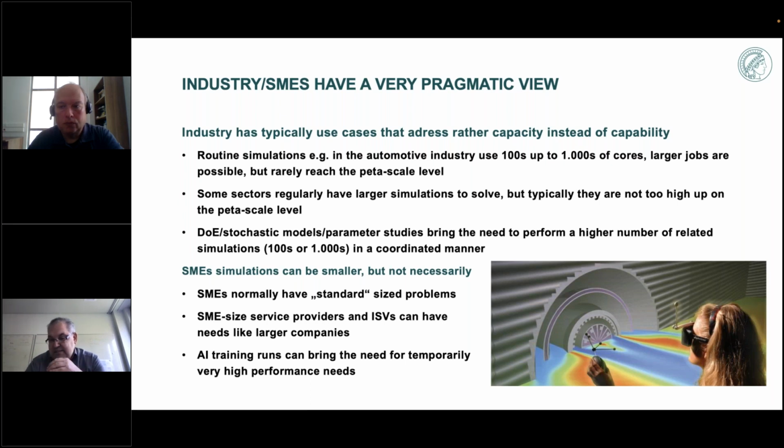So they are also a heavy user of HPC, but in a little different way than academics. But of course, they also profit and need advances in efficiency along the line.